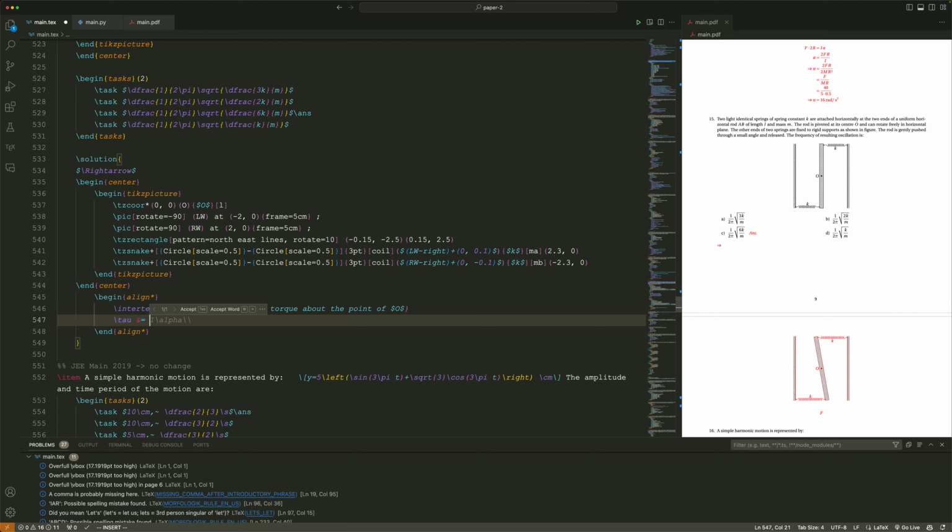So firstly, torque is force into perpendicular distance, right? So force will be k times x, k into x, times sine of theta. No, L by 2.